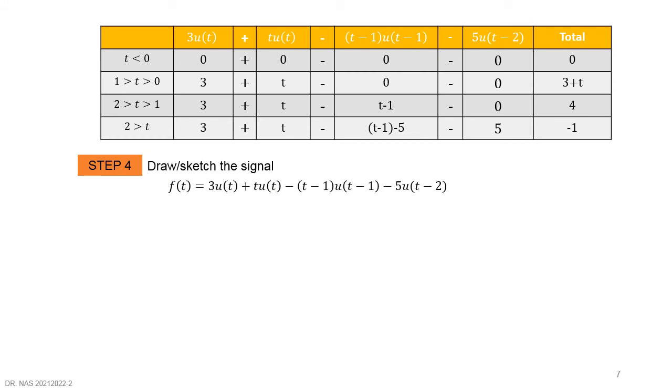Okay, finally, let's draw the signal. As usual, get the range of t: less than 0, and all positive values, so 0 to 1, 1 to 2, and larger than 2. The first one, t less than 0, the signal is always 0. Then 0 to 1, 3 plus t. How to calculate this?